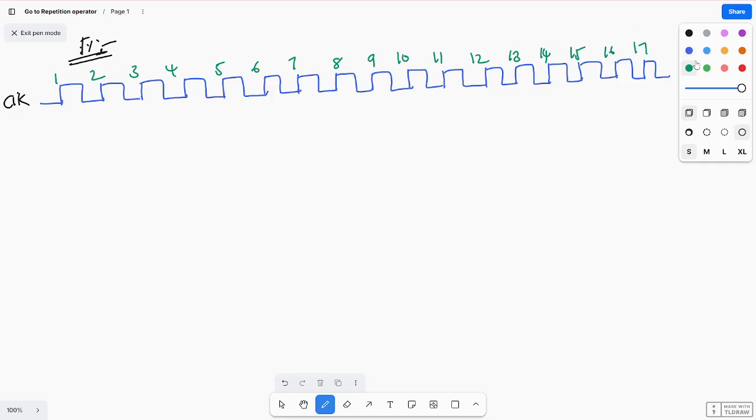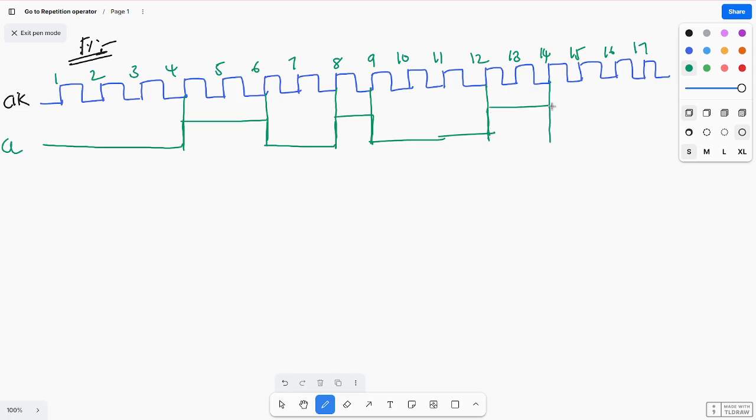Let us take the A value. A will be 0 till cycle 4. After 4 it becomes 1 and stays 1 till 6, then becomes 0. At the 8th cycle it becomes 1 for one cycle, then 0 again. At the 12th cycle it becomes 1 till the 14th, and again becomes 0.